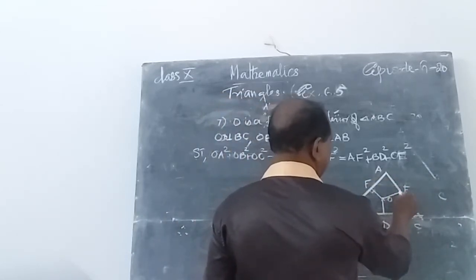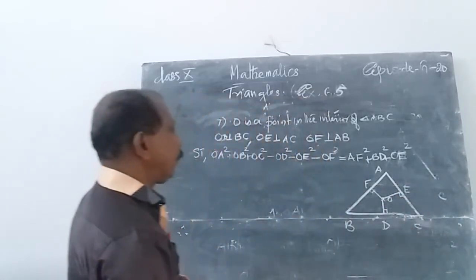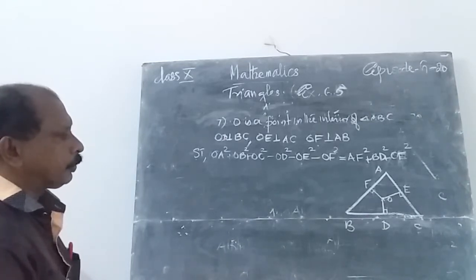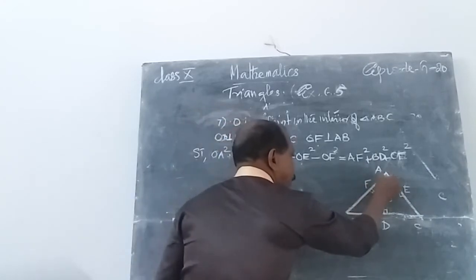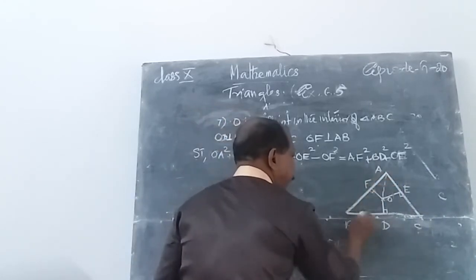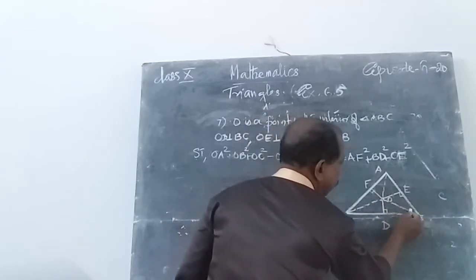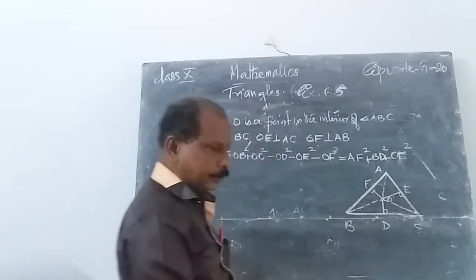These are right angles. We can prove that OA square, OB square, OC square, therefore we join A and O, B and O, C and O. This is our question.